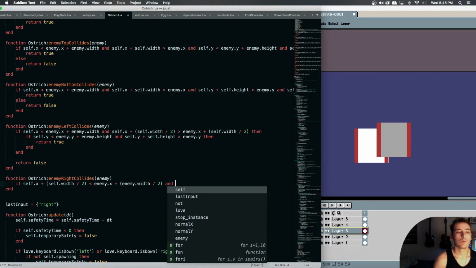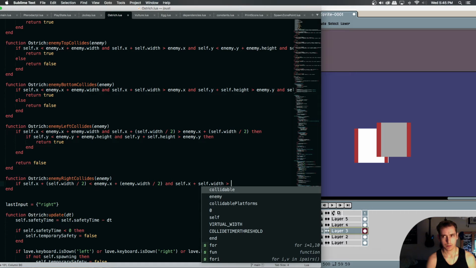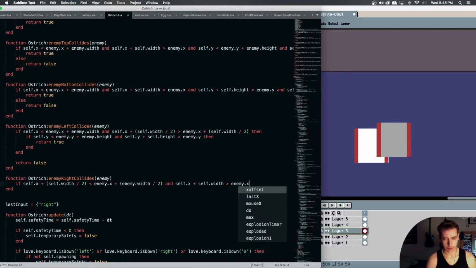And the right side of our ostrich, which would be self.x plus self.width, would have to be greater than the leftmost side of our enemy, which is just enemy.x.